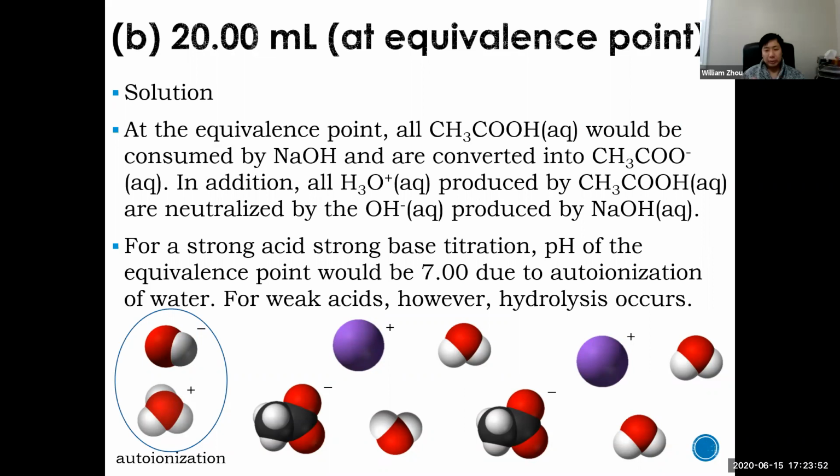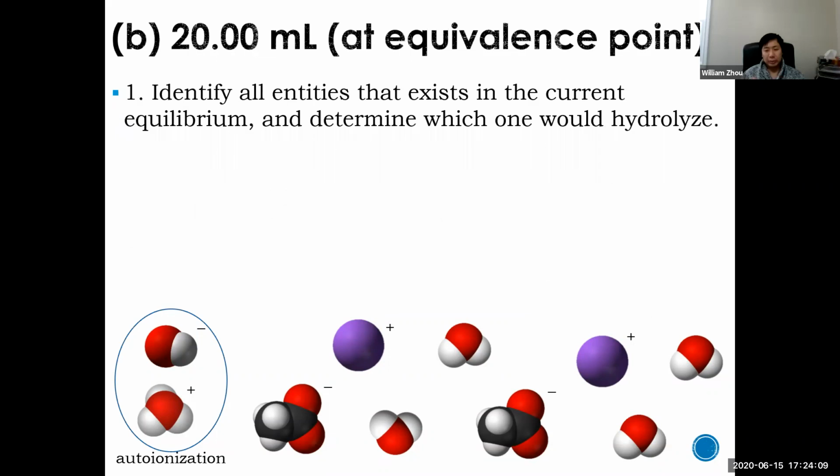The acetate negative ion will undergo hydrolysis with water. We learned about hydrolysis in a previous lesson. It will take a proton from the water and establish an equilibrium like that.